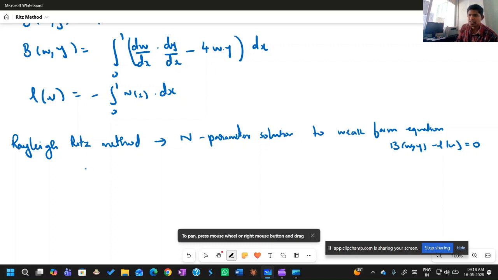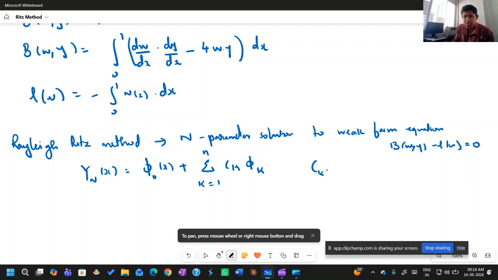It is given by yn of x equal to y naught of x plus summation of k equal to 1 to n of ck phi k. Here ck is called the Ritz coefficients.